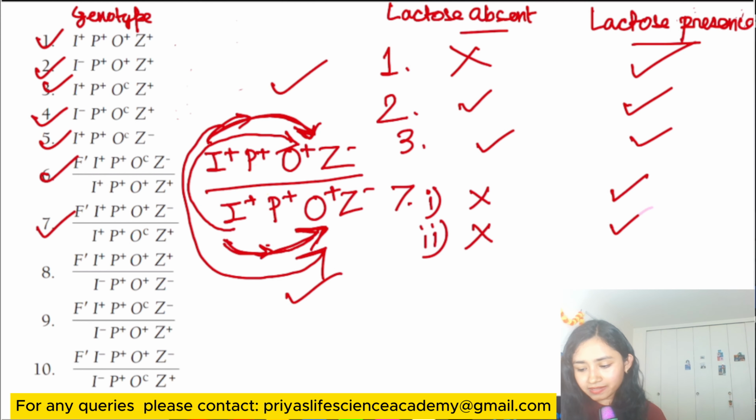Okay, but in this case there will be the expression of the operon, but you can see Z minus, Z minus. Beta-galactosidase will be produced, but it will be non-functional. So in this case you have to write non-functional beta-galactosidase.